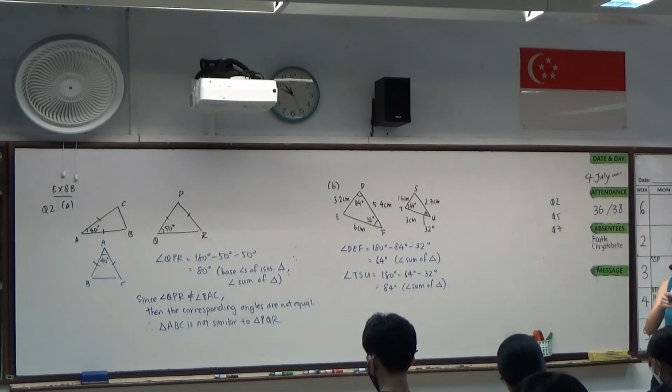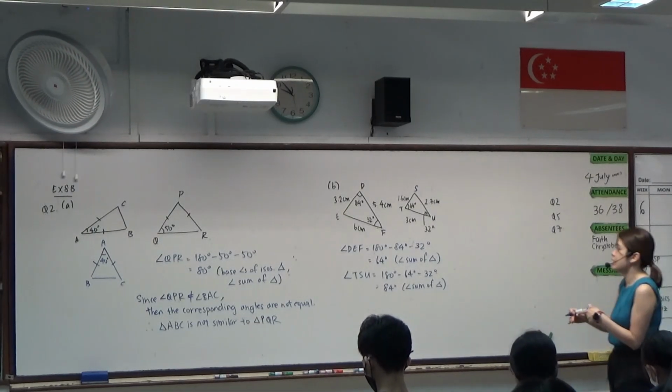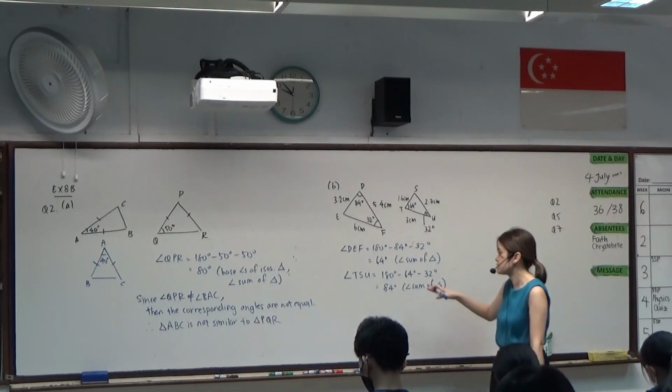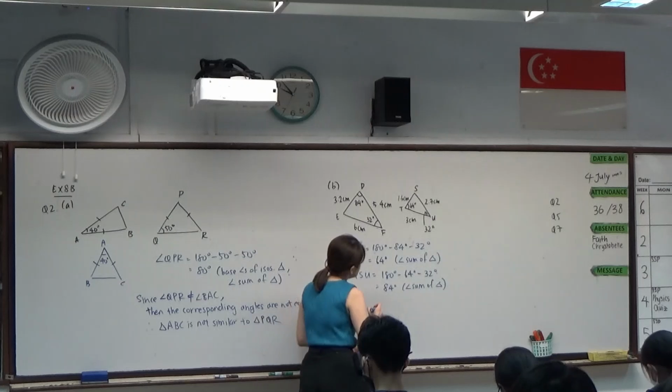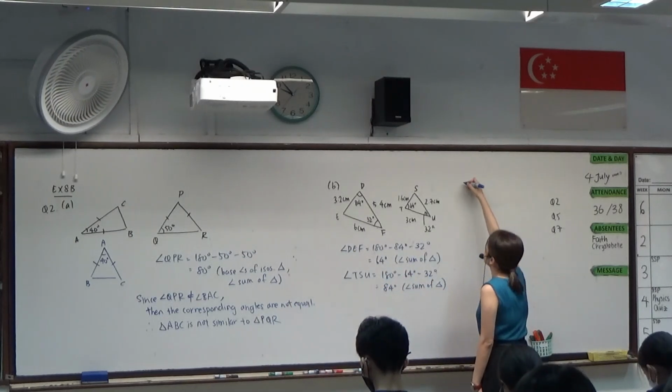Corresponding length of sides. Okay, so therefore, the next thing we need to check is the corresponding length of sides. But then, maybe let's complete the angle part first. Right here.